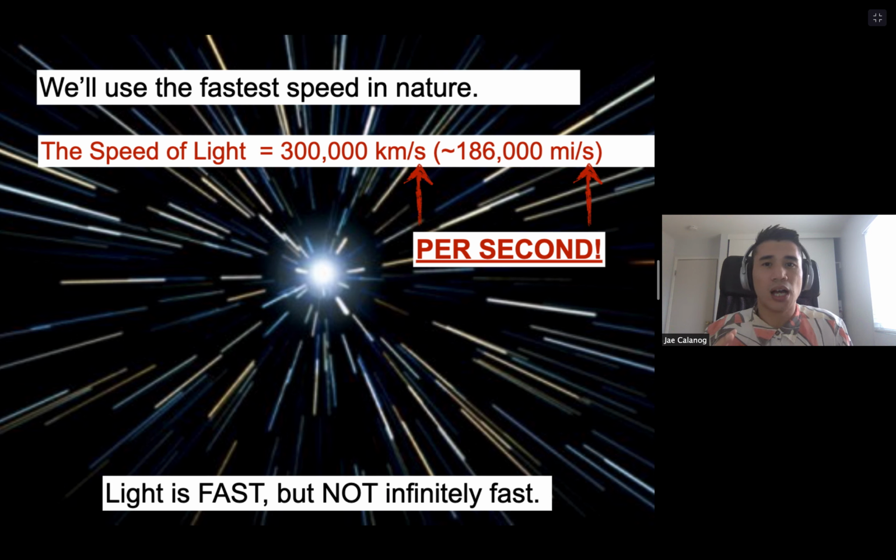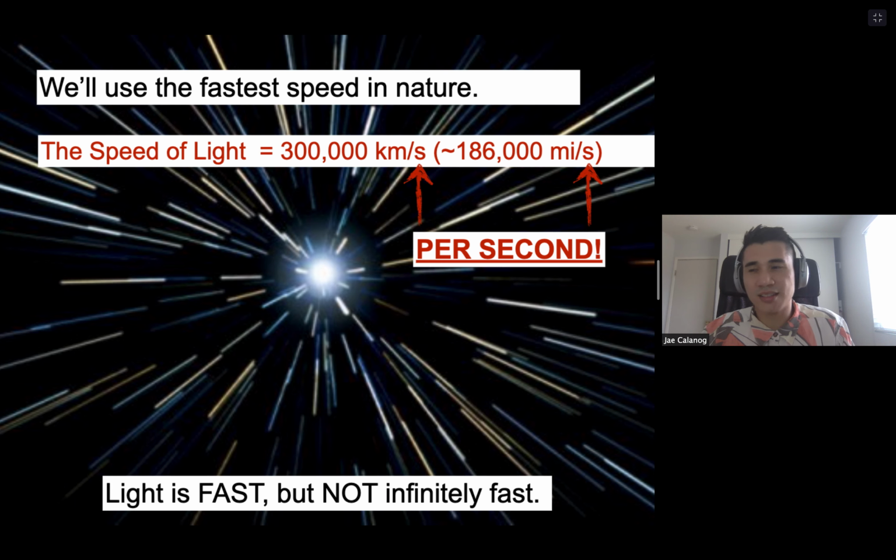So if you were to measure the speed of light, we have a pretty good idea of how fast light travels. It travels at about 300,000 kilometers per second, or 186,000 miles per second. So think about how fast that is. That is per second, right?